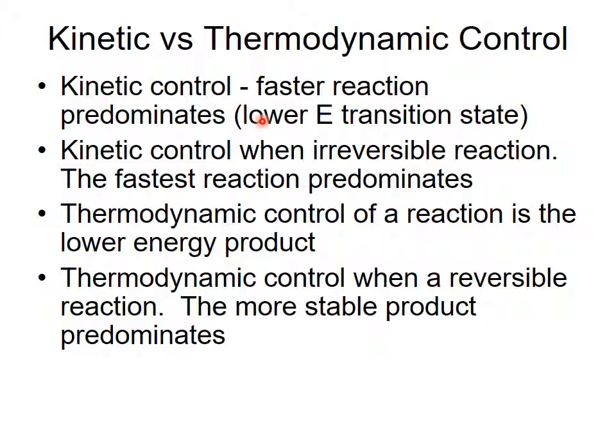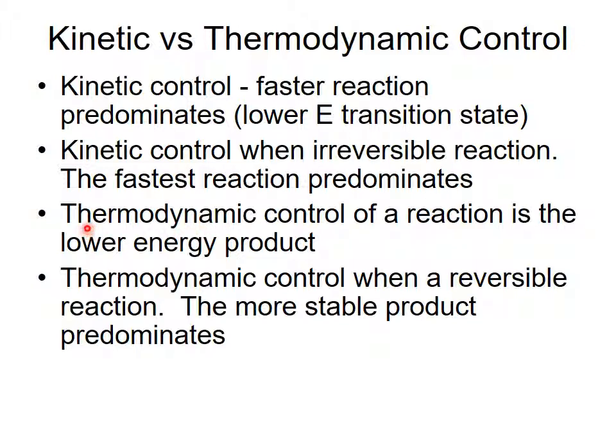And it's because the transition state is lower, even though the product may be a higher energy. And we are able to make the kinetic control product form when the reaction is irreversible. With this reaction, we can make it irreversible by lowering the temperature. And by lowering the temperature, we make the fastest reaction, the 1,2 reaction, happen.